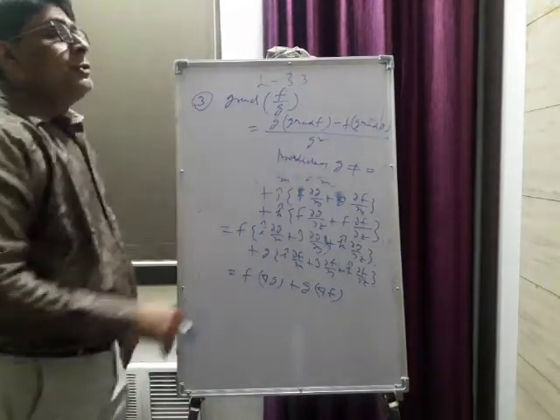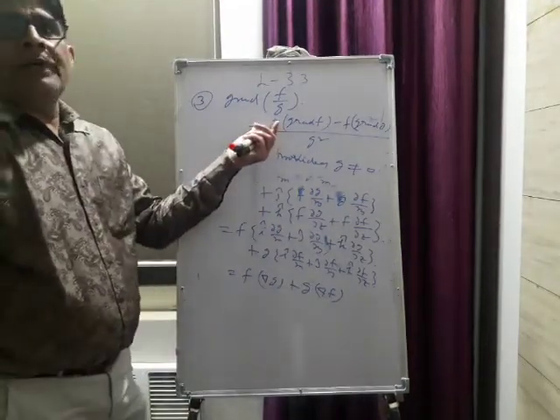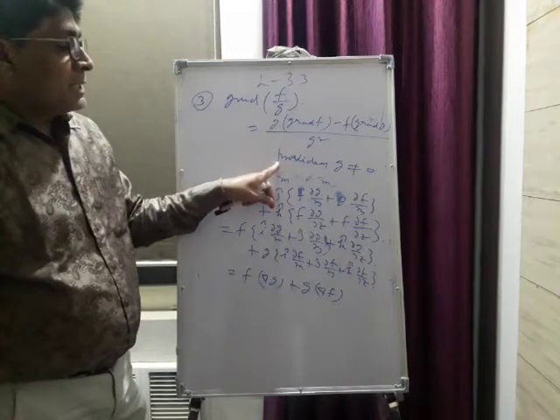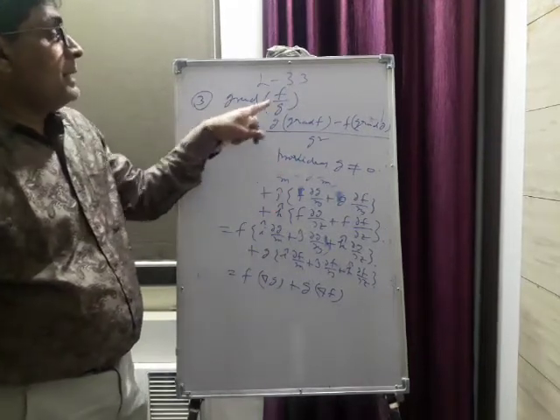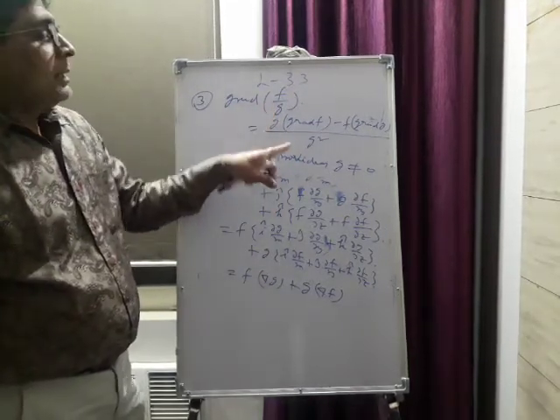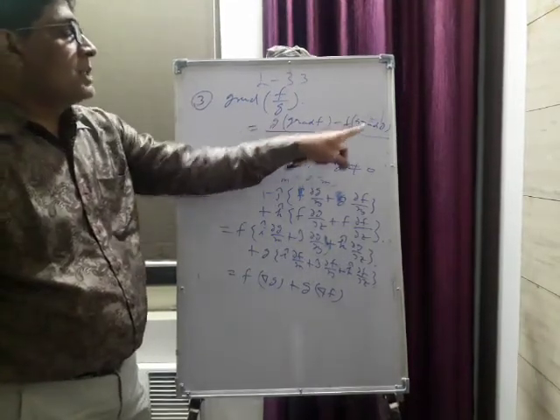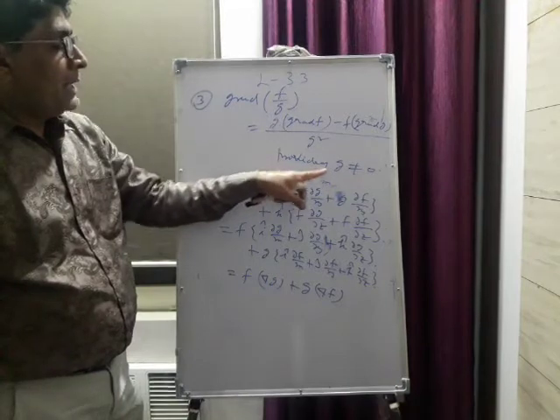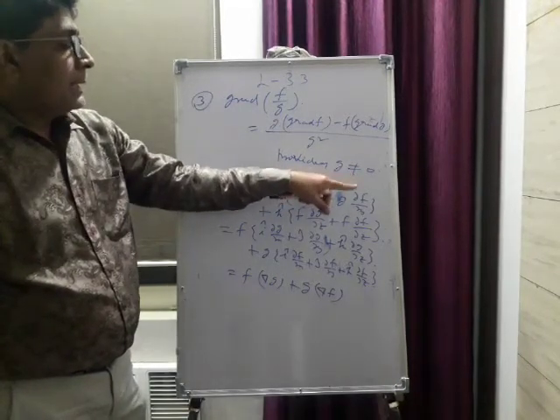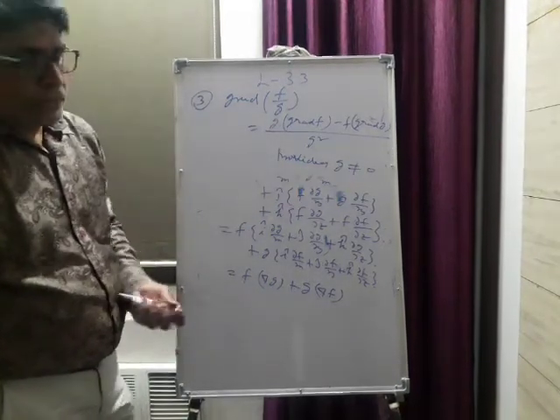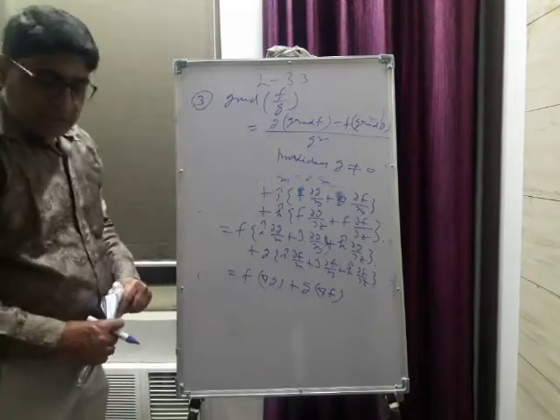If g equal to 0, this is not defined. So this is the condition. Gradient of f upon g becomes g gradient f minus f gradient g upon g square, provided g is not equal to 0. So this is the third property.